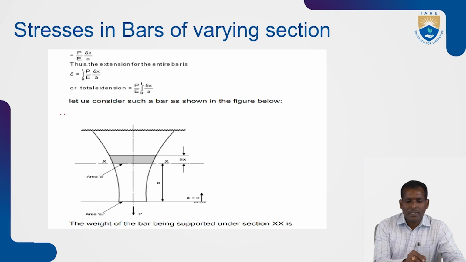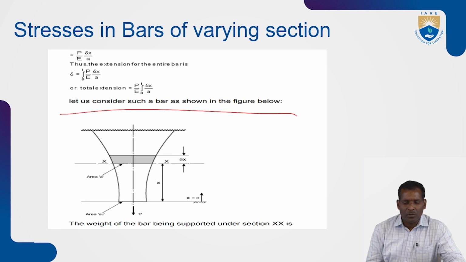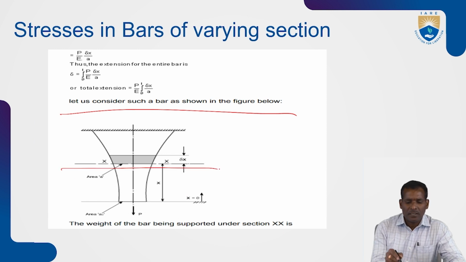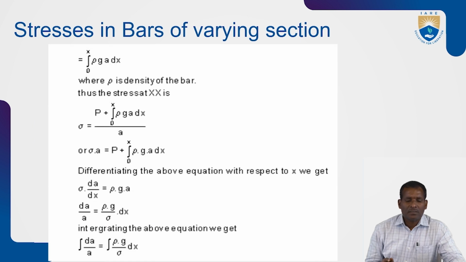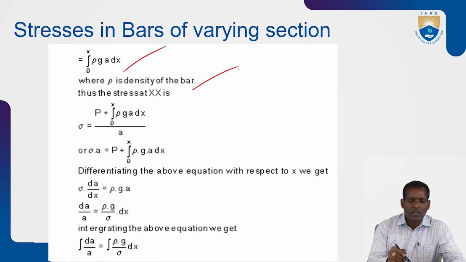So let us consider such a bar as shown in the figure below. See the weight of the bar being supported under section XX. Like this, you can integrate from 0 to X of rho G A dx, where rho is the density of the bar, and the stress at XX is like this.